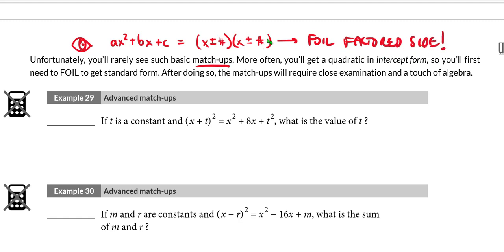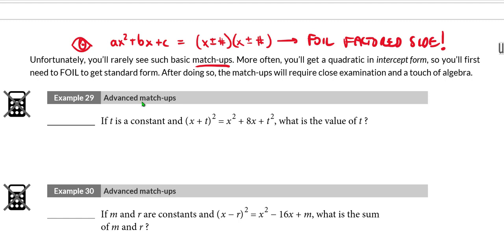We want to FOIL out the factored side, and then after we FOIL out the factored side and result in another standard form expression, because that's what FOILing factored form does, it gives us a standard form expression, we can start matching up our coefficients and constants on the right to our coefficients and constants on the left. Let's take a look at example 29.